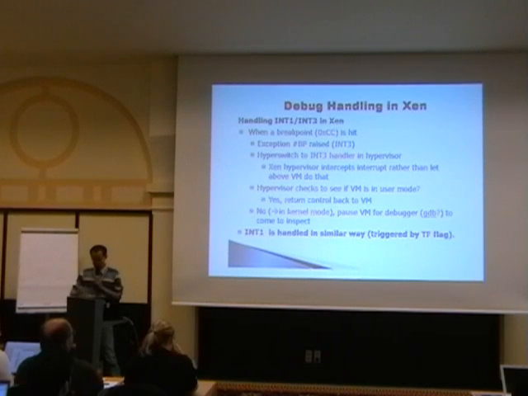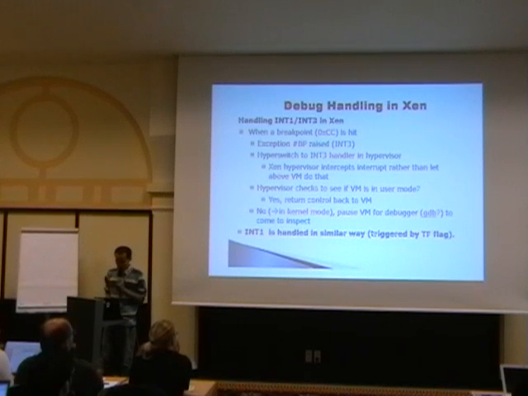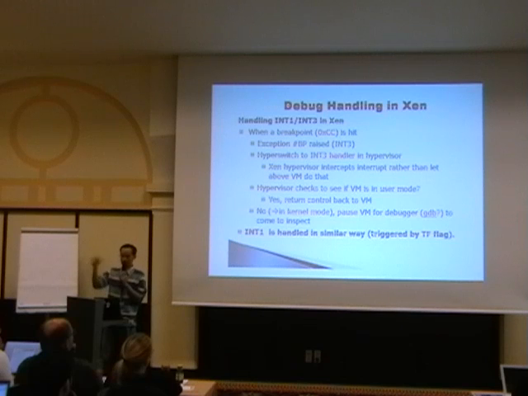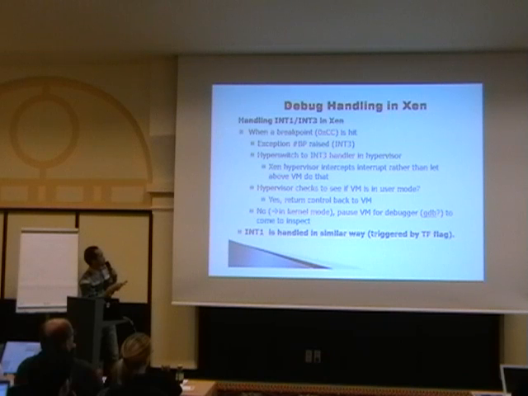Here's how debugging is handled in Xen. In the first case, when a breakpoint, the CC instruction, is hit in a virtual machine, an exception is raised, and we switch from the virtual machine down to the hypervisor, the Xen layer. The hypervisor will check whether the virtual machine which hit the CC is in user mode or not.